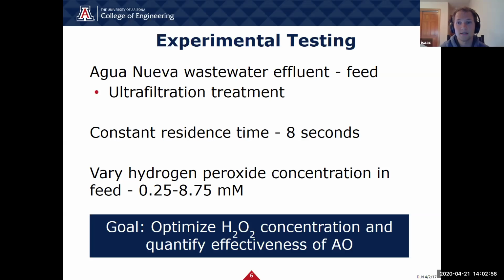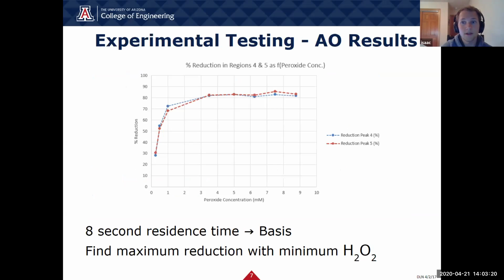This is the highest residence time in the range they used, because we knew trace organics are harder to oxidize. With this constant residence time, we varied hydrogen peroxide concentration in the feed between 1/4 and around 9 millimolar, with the goal of optimizing the peroxide concentration as well as quantifying the effectiveness of the advanced oxidation at reducing these organics. So here are the results.